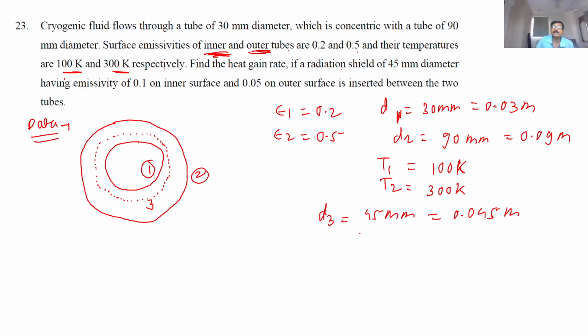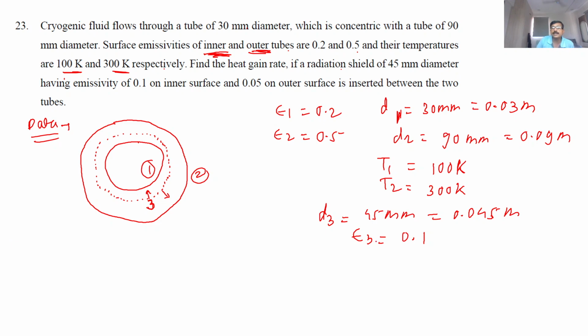Having emissivity, what is the emissivity? That is epsilon 3 is 0.1 on the inner surface. This shield has emissivity different from both surfaces. On the inner surface it is different and on the outer surface it is different.